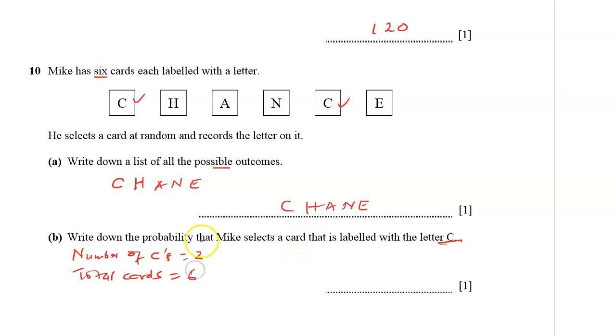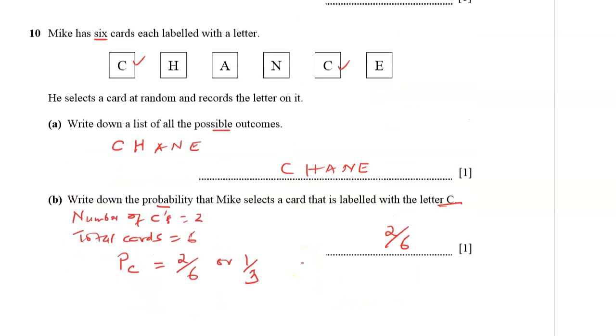So the probability of getting C will be 2 upon 6, which you can also get as a third. So I'll get 2 upon 6 right there.